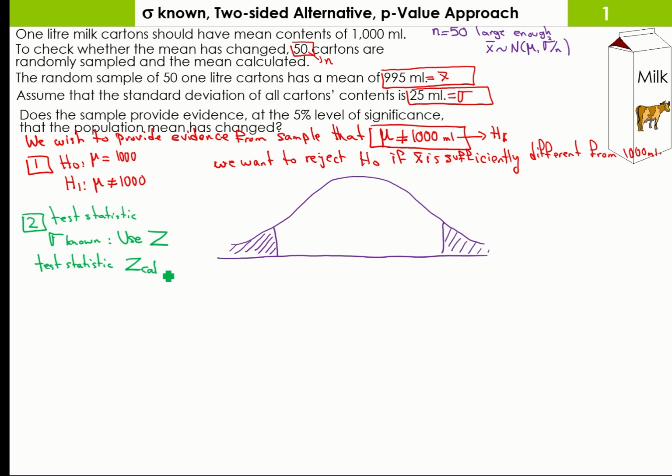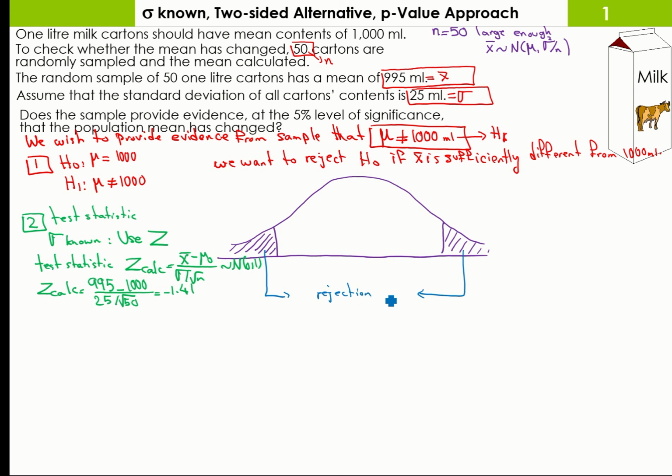So the z calculated is x bar minus mu 0 over sigma over square root of n, and this is normally distributed. So the z calculated here in this example is x bar 995 minus mu 0, which is 1000 over sigma 25 over square root of n. And this is negative 1.41.